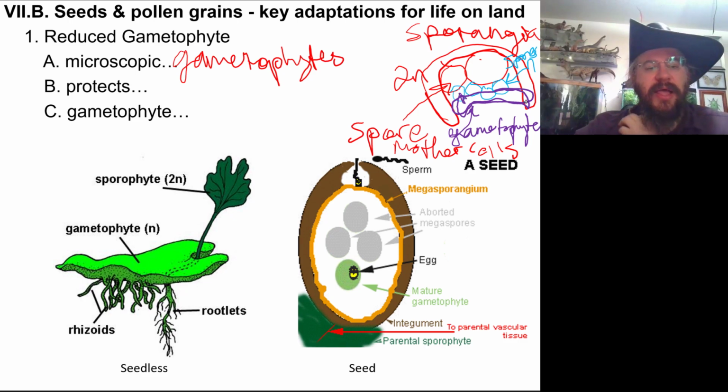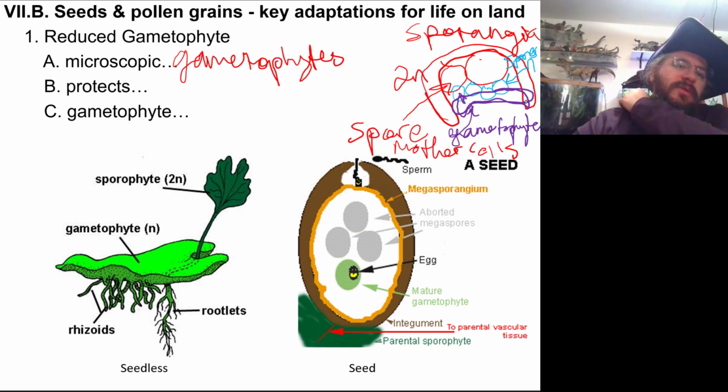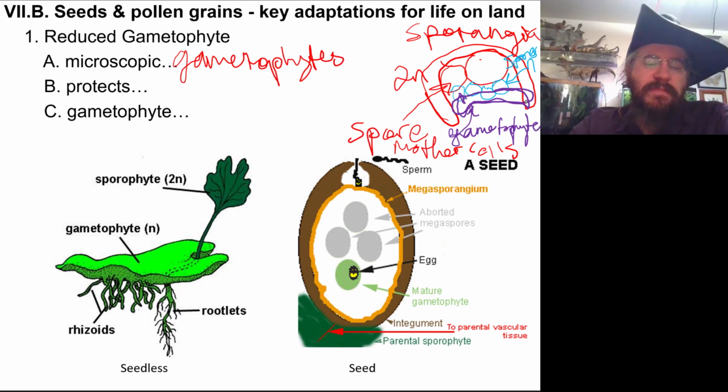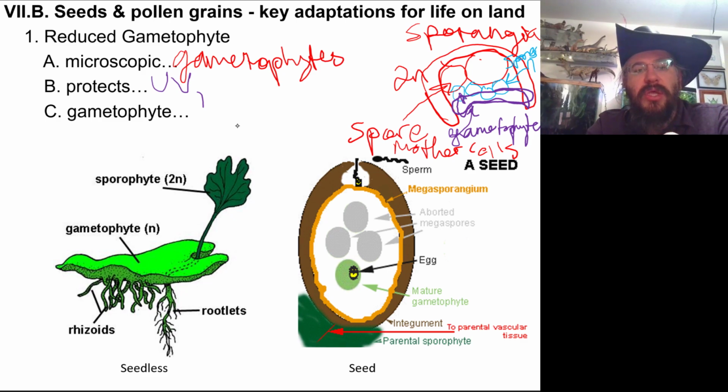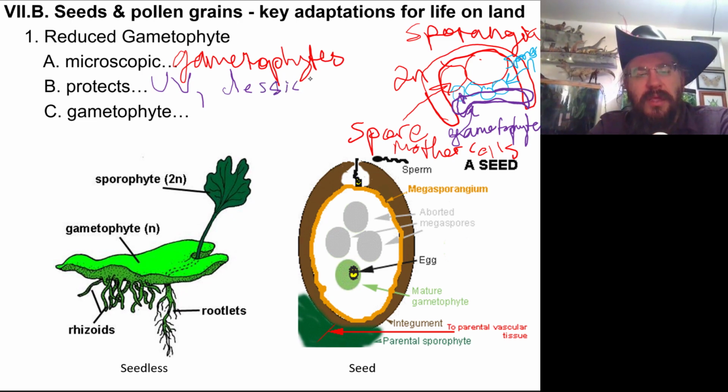So, just checking, he's still there. So, it protects against environmental stressors. So, UV damage, and drying out. Who remembers what that's called? The fancy science word for drying out and having a bad time? Is it desiccation? I think it is.